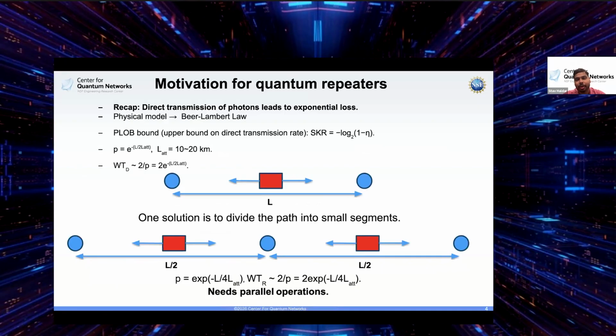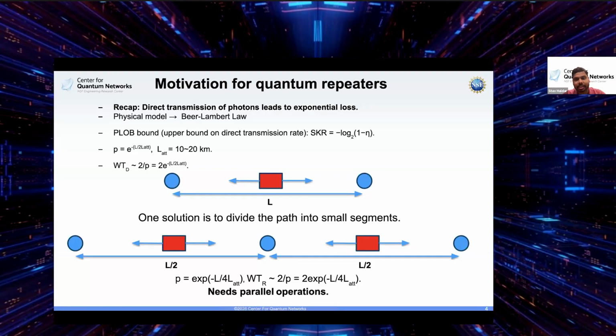And when you are trying to use a photon for communication and you are trying to preserve the quantum degrees of freedom of the photon, then directly transmitting the photon from point A to point B, if the distance is too large, leads to exponential losses.